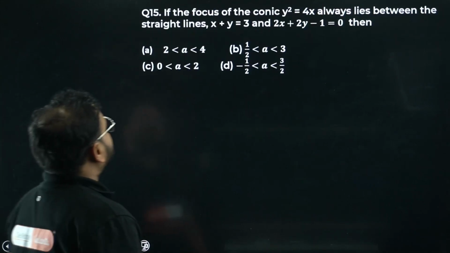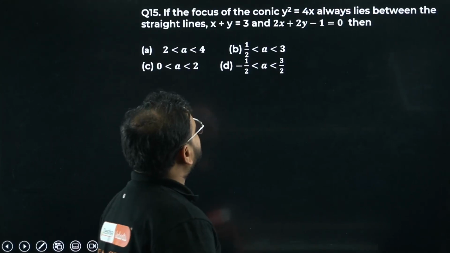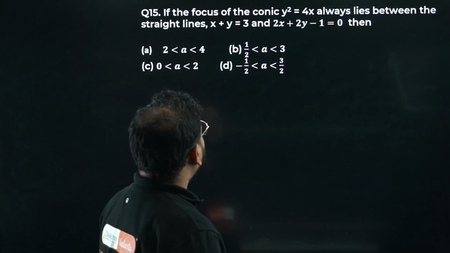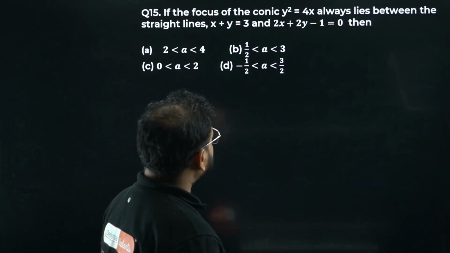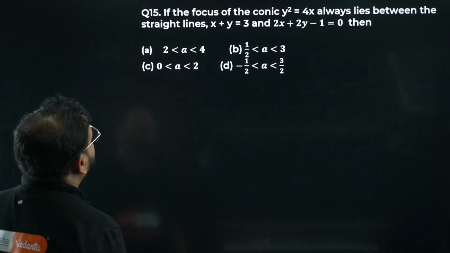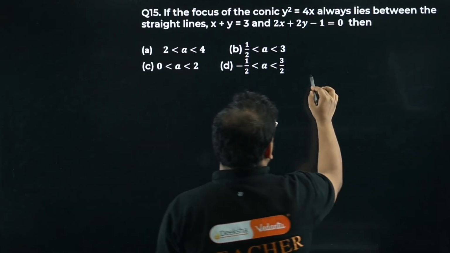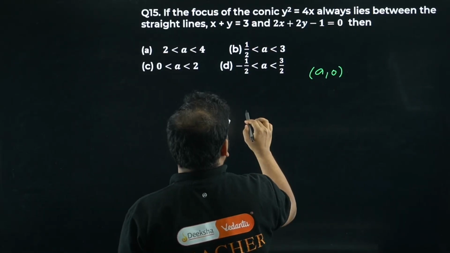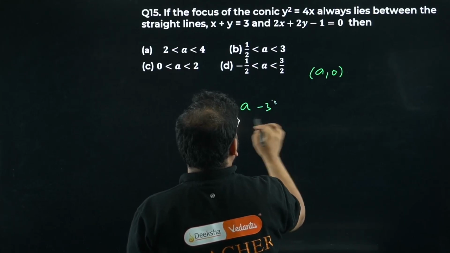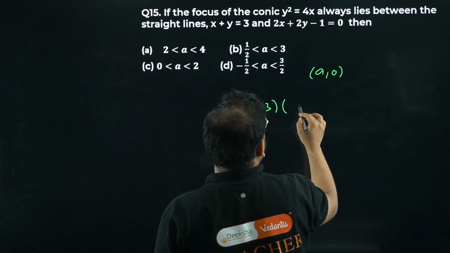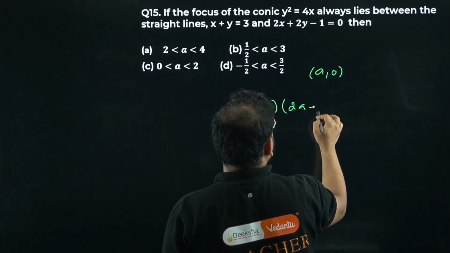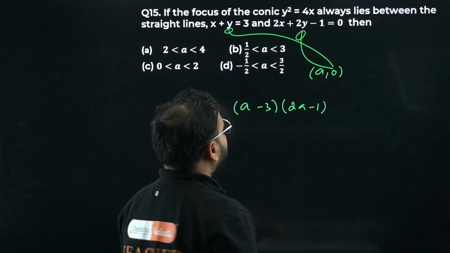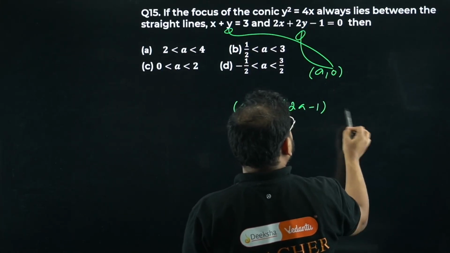15 now. If the focus of the conic y square equals 4x always lies between the straight lines. Okay, let's say the focus is going to be a, 0. So this will satisfy both the equations. We'll have a minus 3 over here, and for this condition, please check, 2a minus 1, because 0 is y and same thing 0 is y. This has to be between, meaning the product is less than 0.